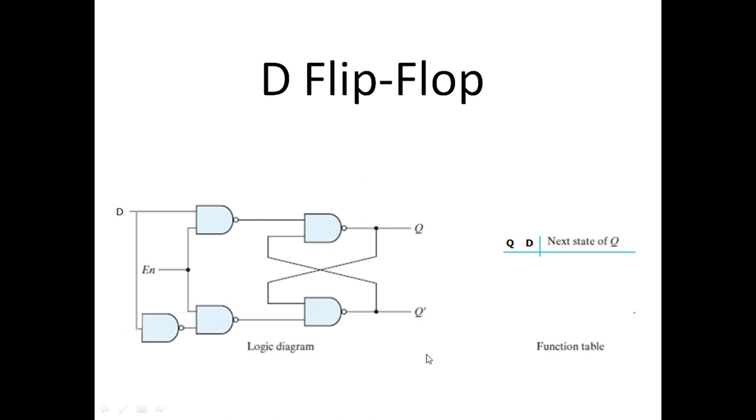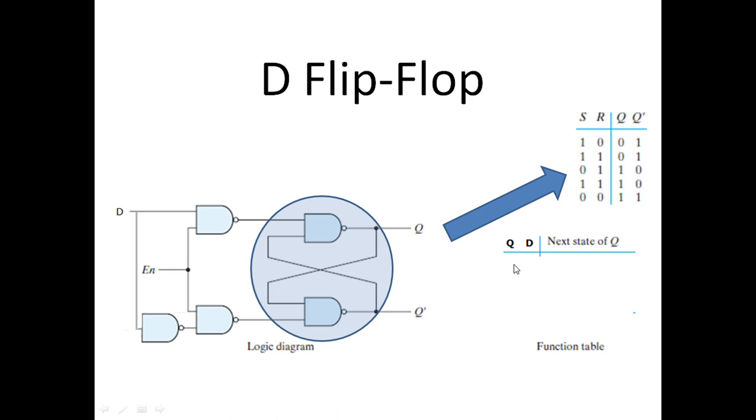The operation of the rest of the flip-flop is exactly the same as it was before, but let me explain how it will operate. D is a single input, and we have the present state of the flip-flop, which was produced before, or the previous output, and we want to get the output for the current input. That output is called the next state of Q or next state of the flip-flop. So let me start with the truth table.